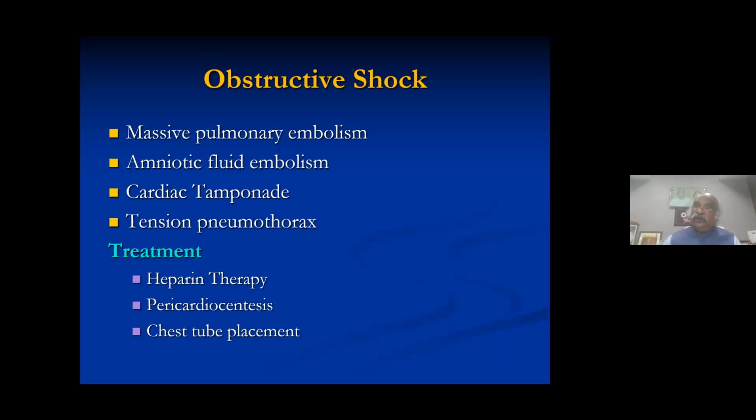So the interventional procedure of thrombectomy or local thrombolysis therapy is much better than systemic thrombolysis therapy, because there is a risk of bleeding in a perioperative or surgical patient. They cannot give systemic thrombolytic therapy, but local thrombolytic therapy or a surgical thrombectomy can be a better option to save the life in a case of massive pulmonary embolism.